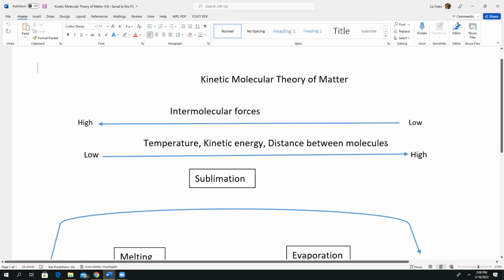But the three things that are always going to be increasing as you go from a solid to a liquid to a gas are the temperature, the kinetic energy, and the distance between them. But the intermolecular forces are the only thing that goes the other way. Because it makes sense that you'd be more attracted to something, so you stay closer, right? Which is exactly what's going on here.